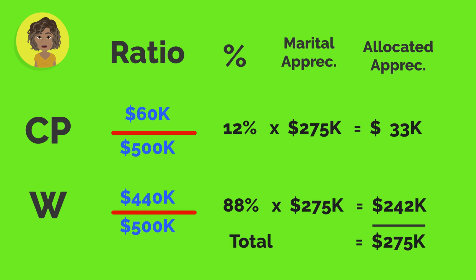When multiplied times the $275,000 appreciation during marriage, we arrive at $33,000 allocated to the community and $242,000 allocated to Wanda. To verify the total of $275,000 is correct, we compare $800,000 market value at division with the market value at date of marriage equaling $525,000.